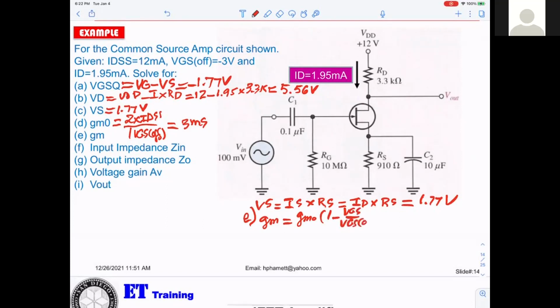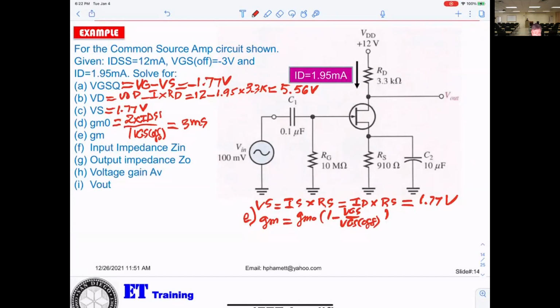Mr. Sam, for GM0 is the answer 3 millisiemens or 8 millisiemens? I think it should be 8. Okay, you said it should be 8. That's what I'm asking.